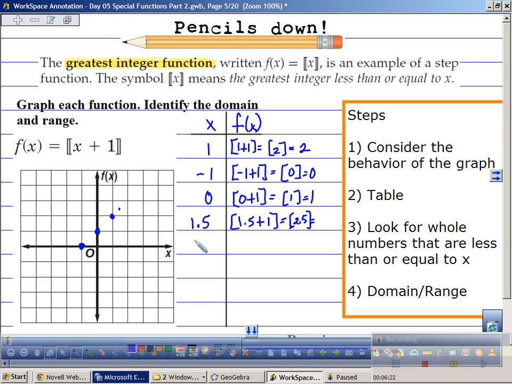We have whole numbers, we have natural numbers, we have integers. What numbers are the integers? Numbers on the number line. Is 1.5 on the number line? So is it an integer? It's not. What's the closest integer to 1.5? The greatest integer less than or equal to x.